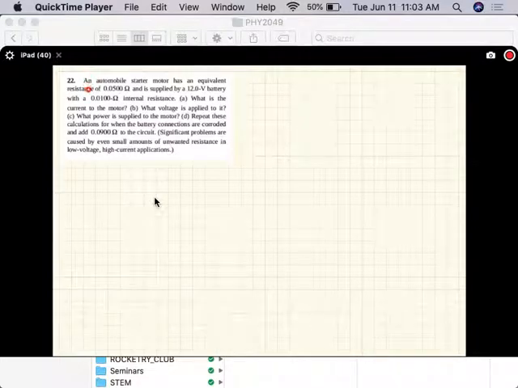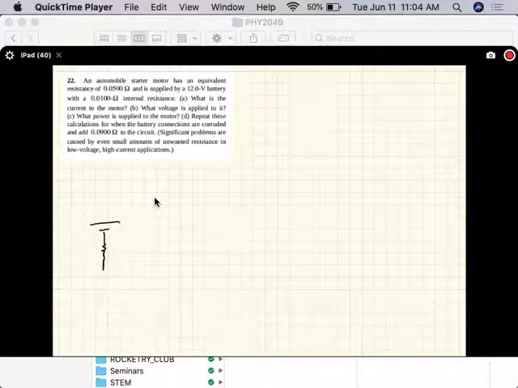Alright, so this problem says an automobile starter motor has an equivalent resistance of 0.05 ohms. So the motor has a resistance of 0.05 ohms and it's supplied by a 12 volt battery with a 0.01 internal resistance. Okay, so here's how this looks in a circuit. Here's a circuit diagram.